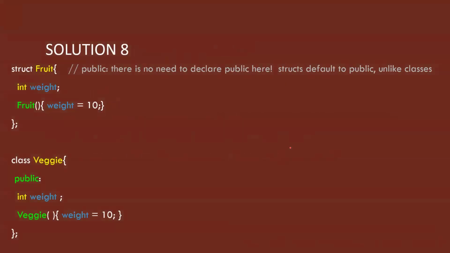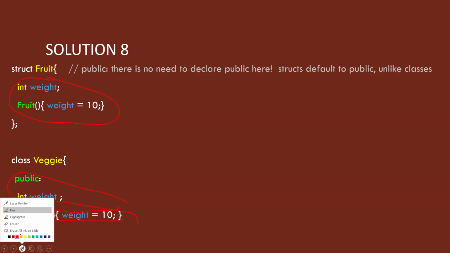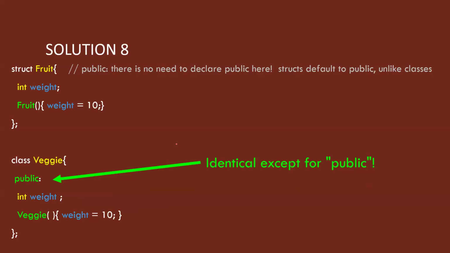So you can play around with that, and you can see the difference here, right? These are all public, and we have to declare these public if we want them to be public, right? So that's really all it comes down to. And I won't say much else about that for the rest of the semester because it's just that straightforward. Okay.